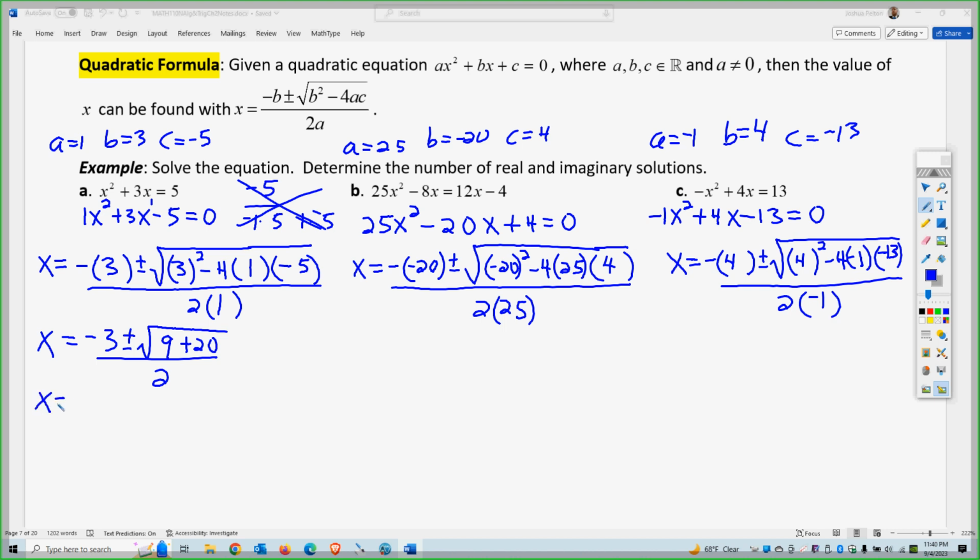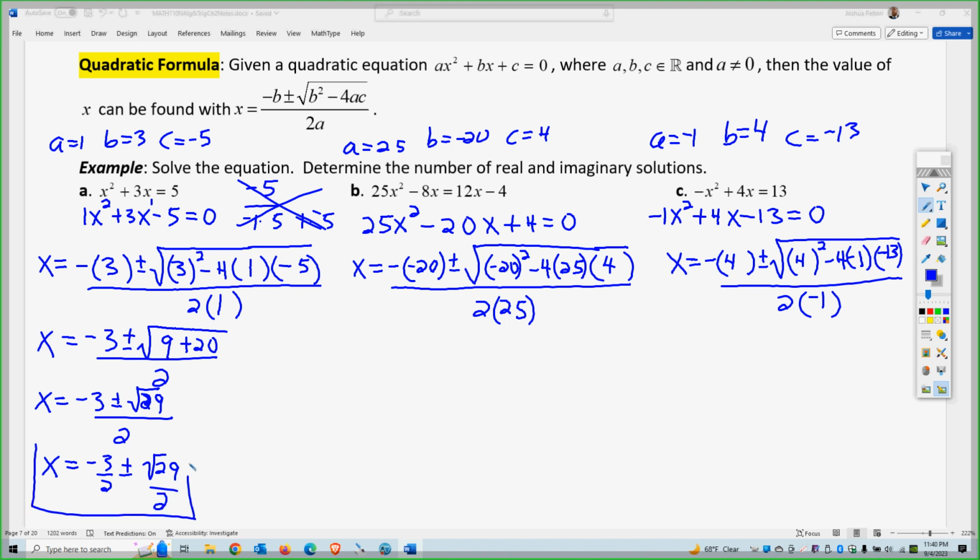So x equals -3 plus or minus root 29 all over 2. So 29 is a prime number, so we can't break that down anymore. So just break it into two numbers now. So -3 over 2 plus or minus root 29 over 2.